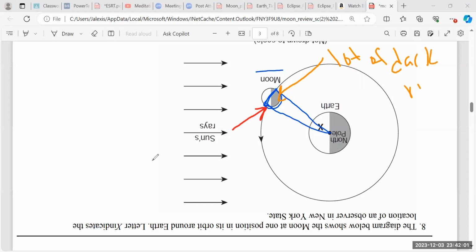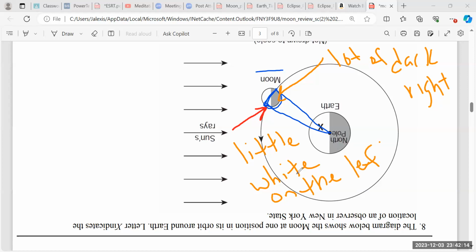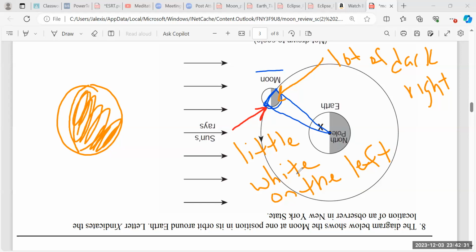Remember, all we're focusing on is what we see in front. So when I'm drawing my moon phase, I'm going to draw what I see: a little bit of white on the left and a lot of dark on the right.